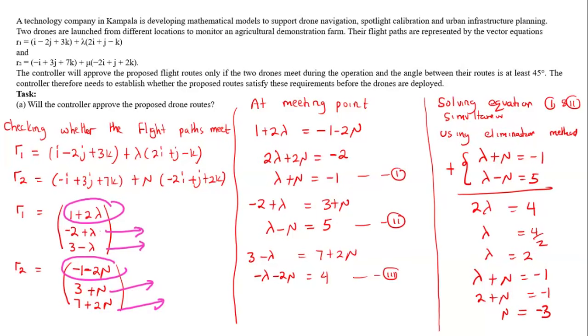So in order for you to prove whether it is true, you can now get your lambda and mu, substitute them here and see whether you get 4. You can check it from there. So when I check from there, I'll have -2 minus 2 times mu, which is -3. So this is -2. -2 times -3 is what? 6, which is 4. So meaning that they do meet.